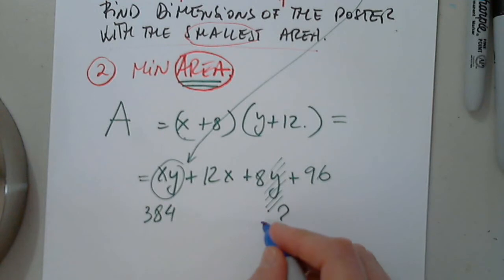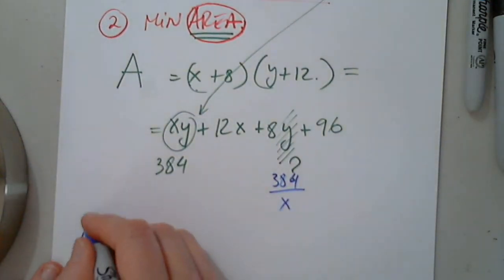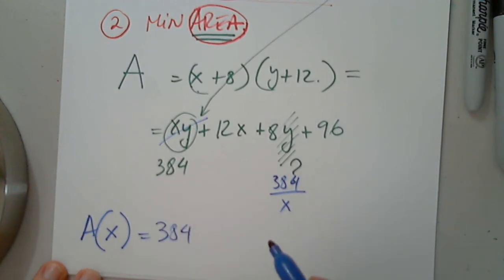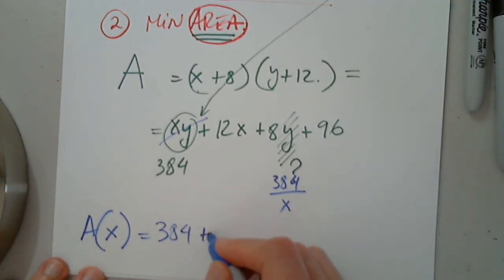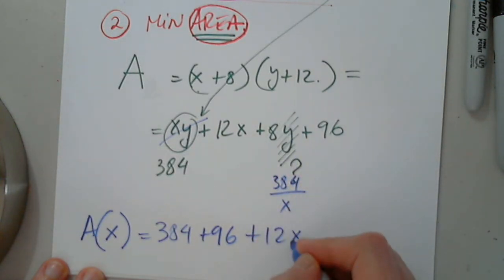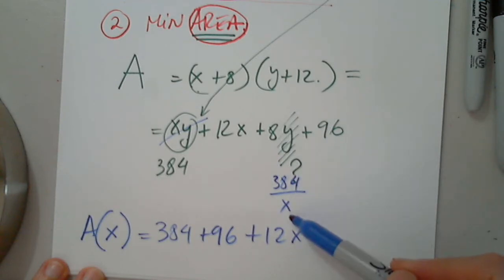Good, so we have our 384 divided by X. And now confidently I can say this is indeed a function of X, where this is replaced by 384. Of course, plus 96 in a moment, I don't really care what it is, plus 12X, and then 8 times 384 over X.